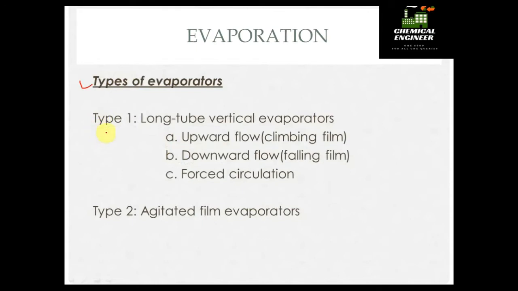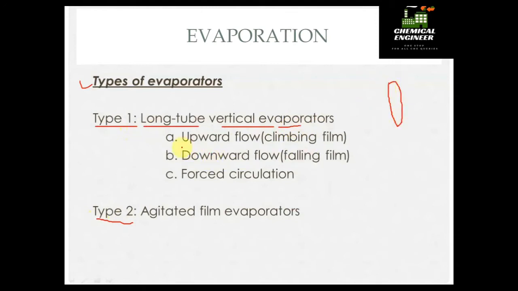Basically, evaporators are divided into two types, type 1 and type 2. Type 1 includes long tube vertical evaporators. Long tube vertical evaporators are a tubular and shell type arrangement having long tubes, and these evaporators are vertical in nature.